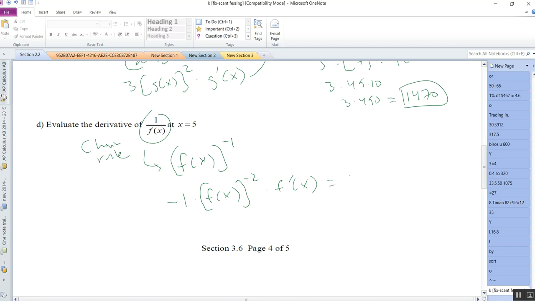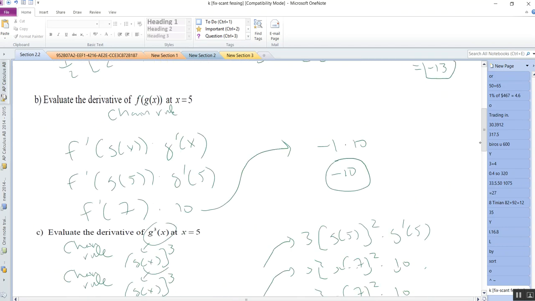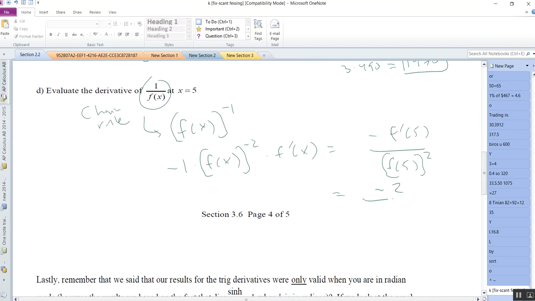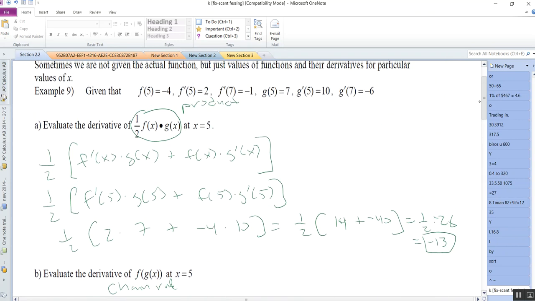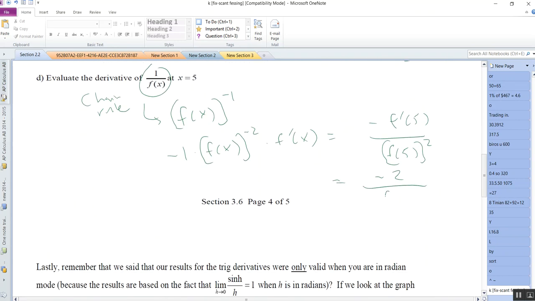So basically, it's just negative f prime 5 over f of 5 squared. Remember, you raised it to -2, so it should go on the bottom. F prime 5 is 2. F of 5 is -4. You get yourself -1/8. So there we go.